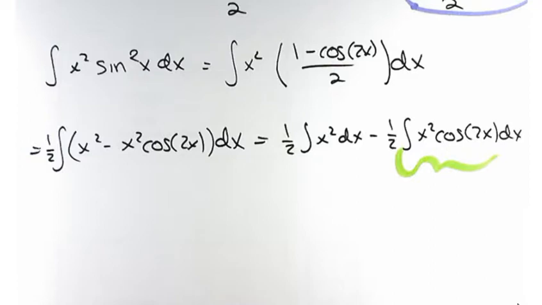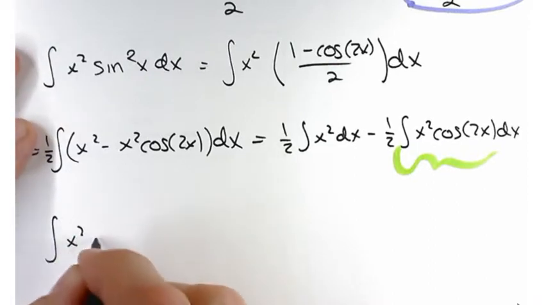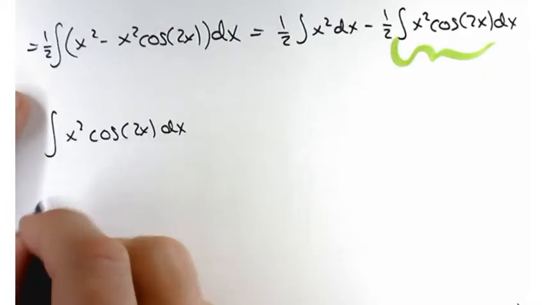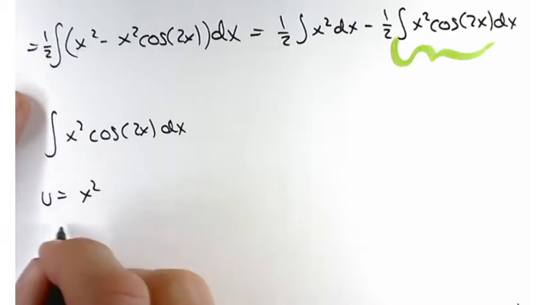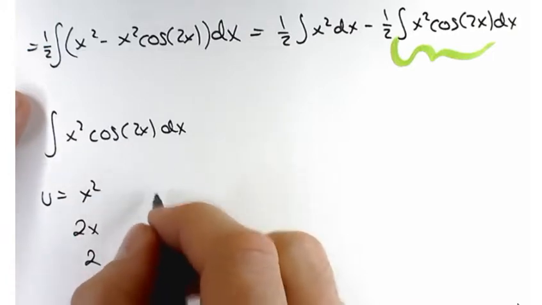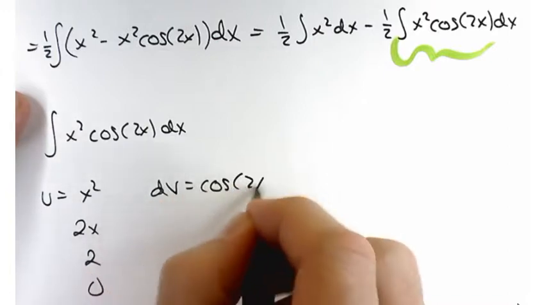We'll throw the 1/2 in when we're all done. So integral of x squared cosine of 2x dx. u equals x squared, and then 2x, then 2, then 0. dv equals cosine of 2x.